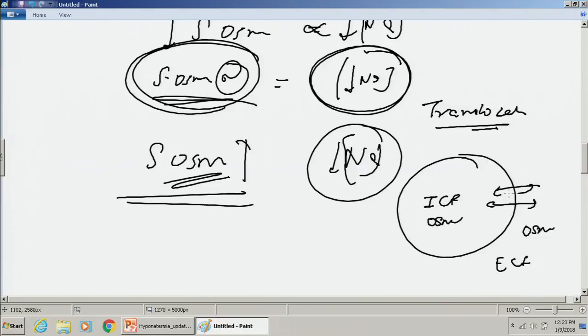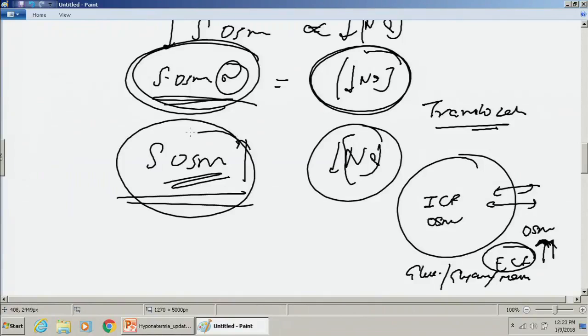Now, for whatever reason, if I add osmotically active substances in my ECF, such as glucose, glycine or mannitol, these are osmotically active substances, right? So they are going to cause higher osmolarity in your ECF, which will raise serum osmolarity, because our formula, which I first showed you, did not talk about these additional substances, except for glucose. We'll come back to it, right?